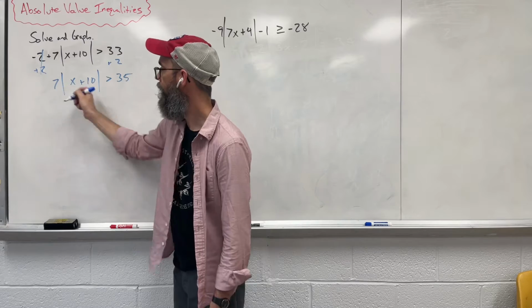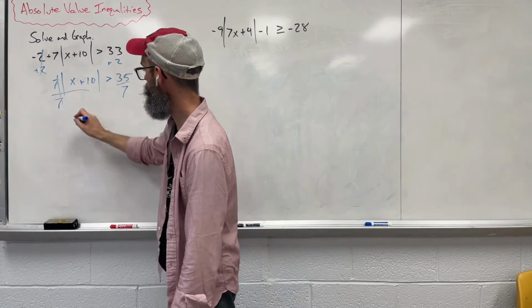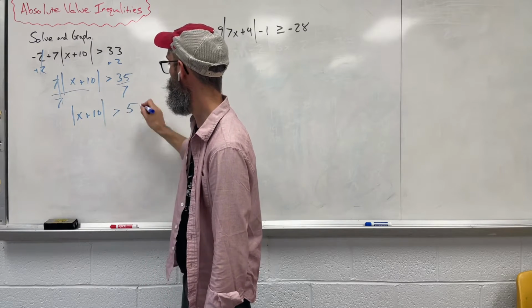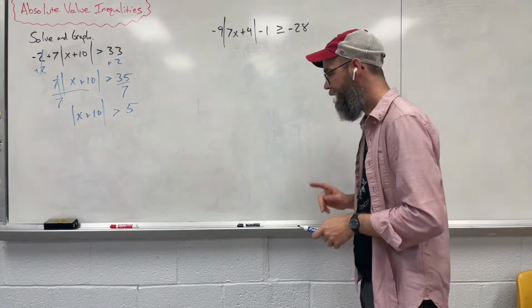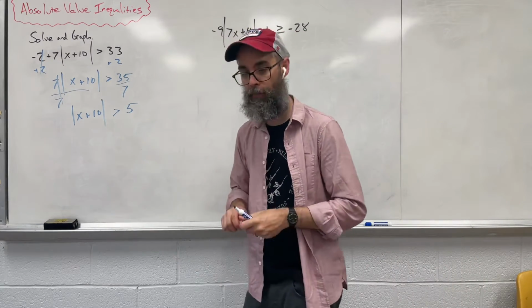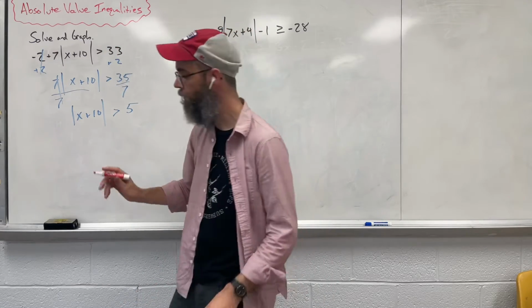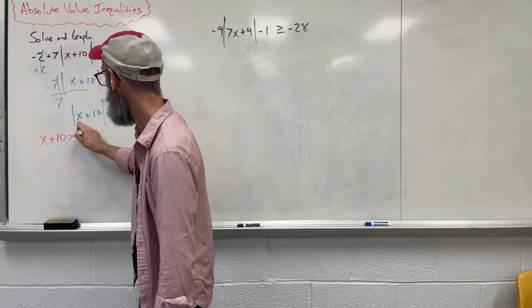We have multiplication. Let's divide. Once we have the absolute value alone, here's our time to rewrite this problem twice. The first time, I'm going to rewrite this exactly as I see it with no absolute value bars. So x plus 10 greater than 5.